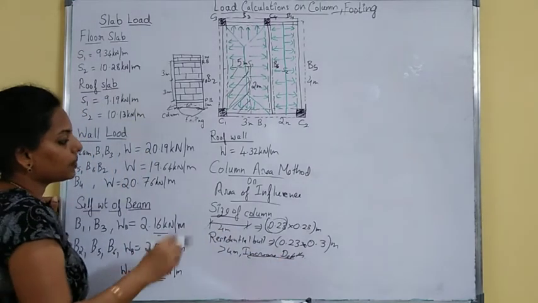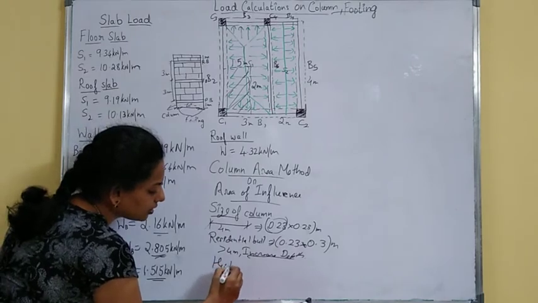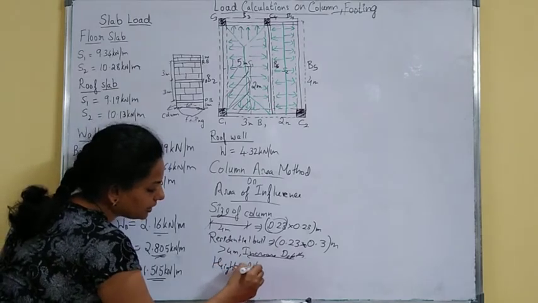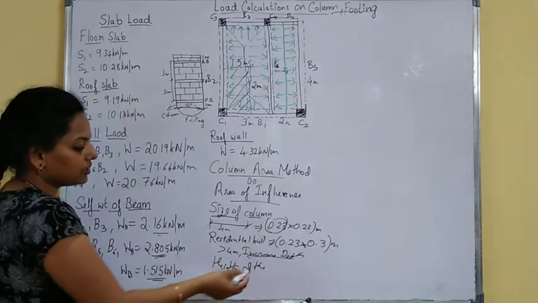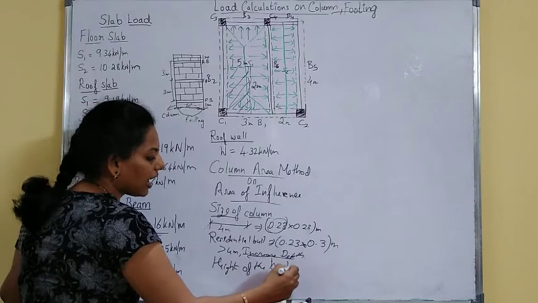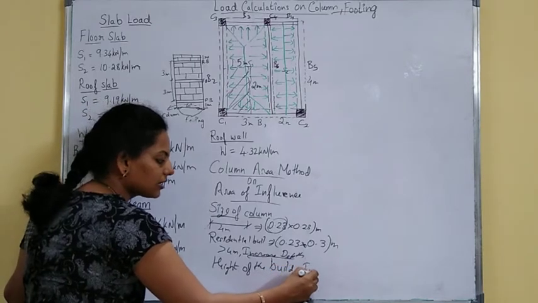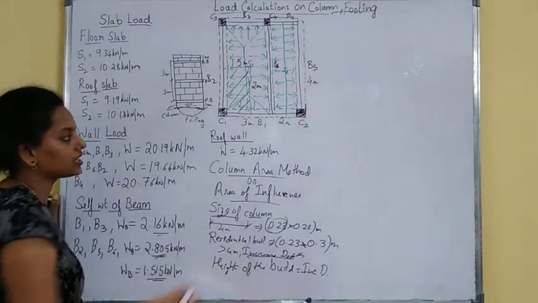Then, based on the height of the building, up to 3.2 meter you can consider this for a residential building. If you increase the height, then also increase the depth.